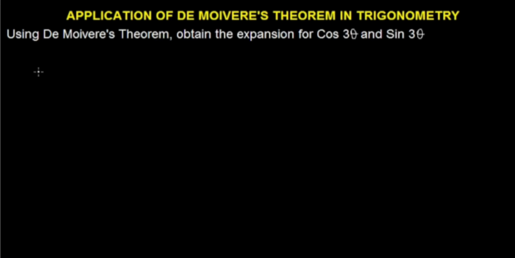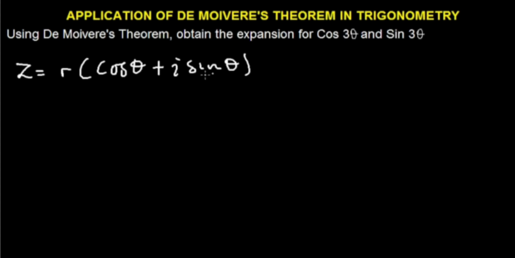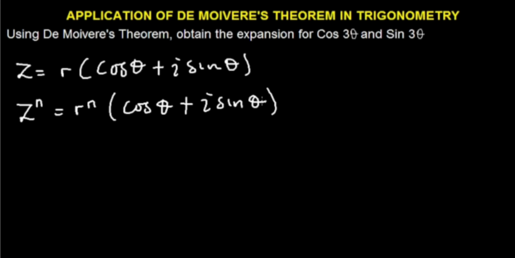Now De Moivre's theorem, as you know, is that for z equals r(cos theta plus i sin theta), and we have established in one of the videos that z raised to the power n will be equal to r raised to the power n times cos n theta plus i sin n theta.